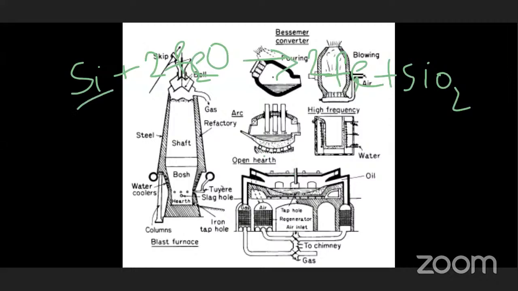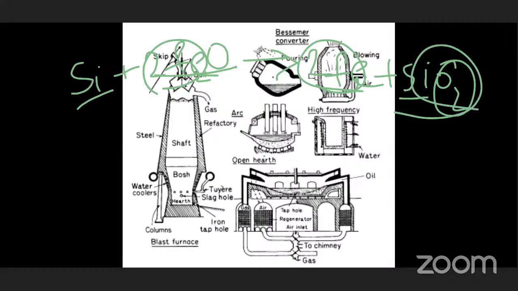See here it is balanced: Si 1, oxygen 2 on both sides, and iron 2, 2Fe. It is balanced. So by this reaction, SiO2 is going to be eliminated.